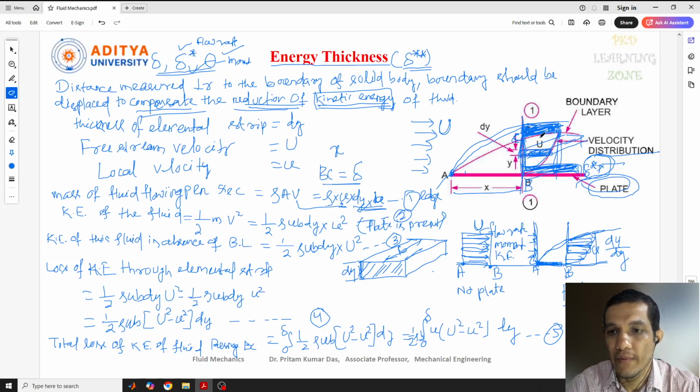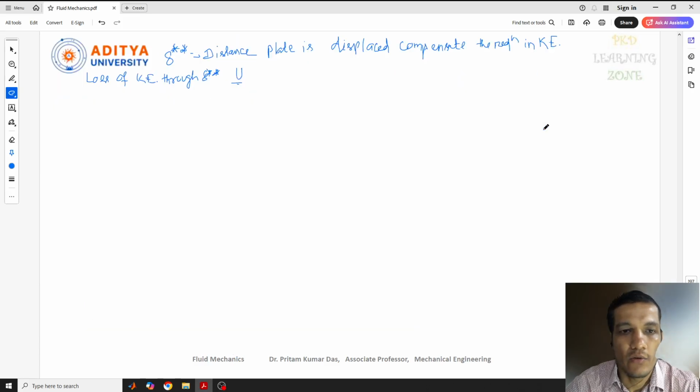Because when we are displacing the plate by this distance, we'll get the free stream velocity at this region. That means above this boundary layer we are getting free stream velocity, so the free stream velocity is going to strike this plate. So the loss of kinetic energy through this one, flowing with the velocity U, we can write again the same thing.